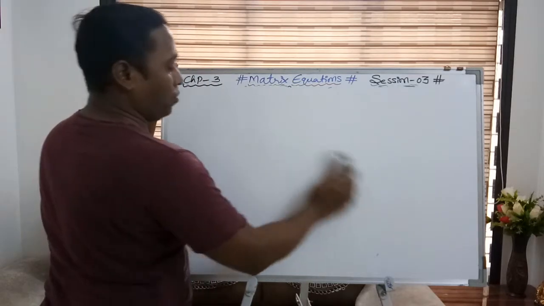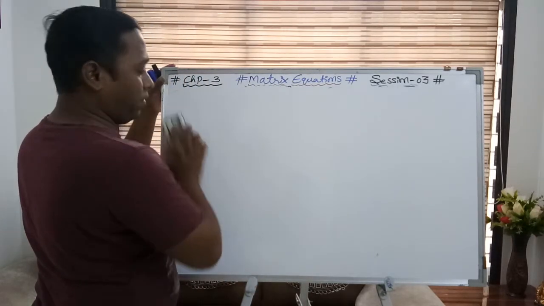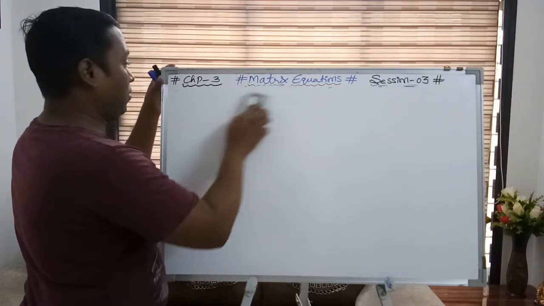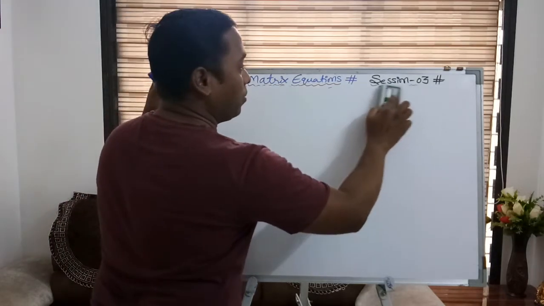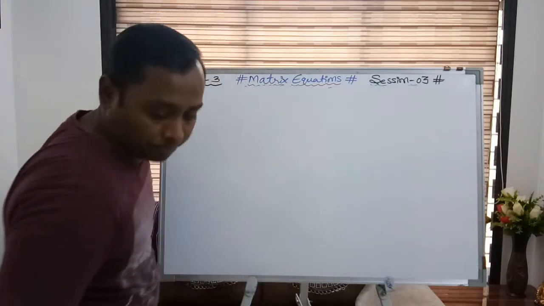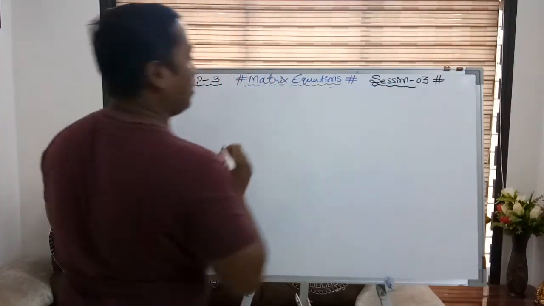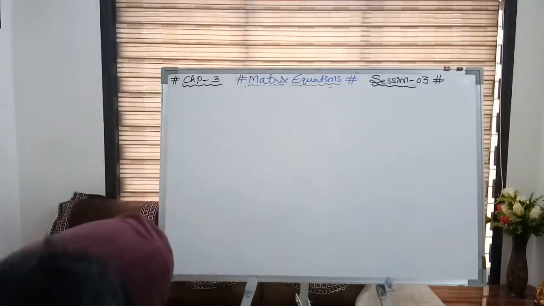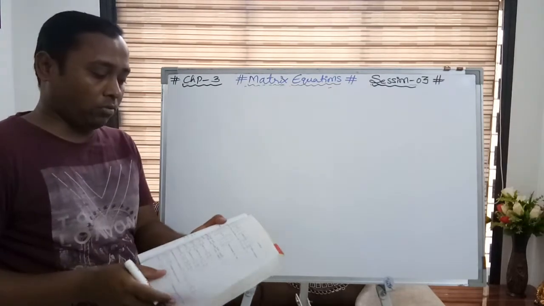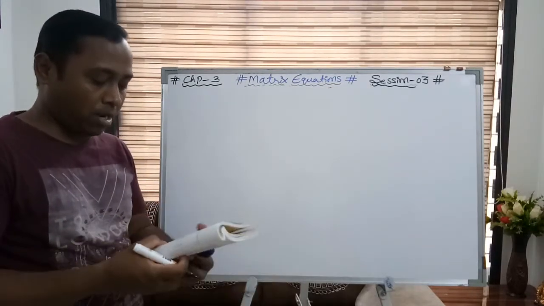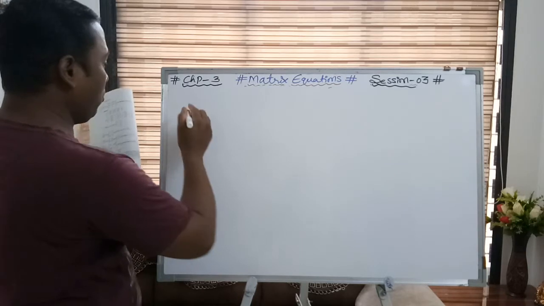Right? So just for sake of convenience, I am writing very small because the board is small here. Fine. This is session 3. So now I am taking one important question. We may also put a star mark to this question from NCERT textbook.